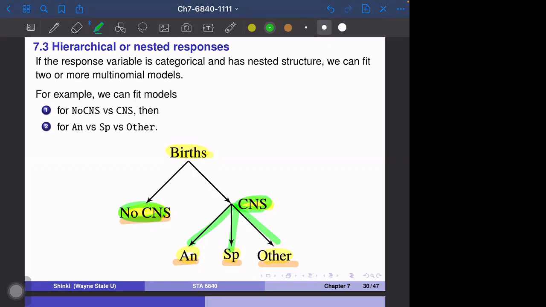So in step one, we separate the no CNS group and the CNS group by binomial regression. Then we divide the CNS group into three, and use the multinomial logistic model.